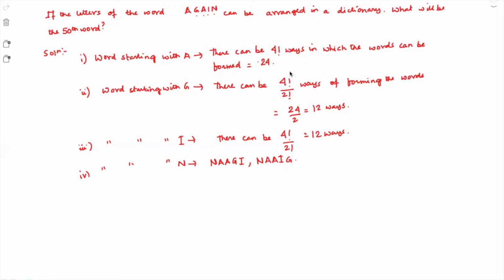So 24 plus 12 plus 12, 48 there, 49th is this word, 50th is this word. So the 50th word is NAAIG.